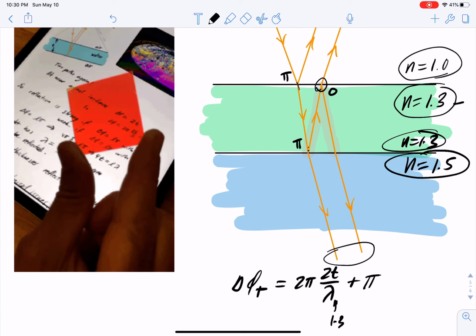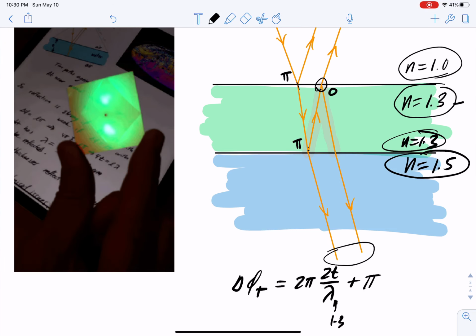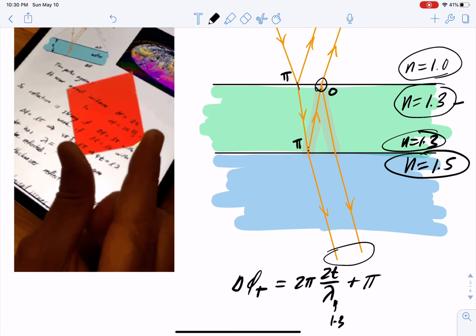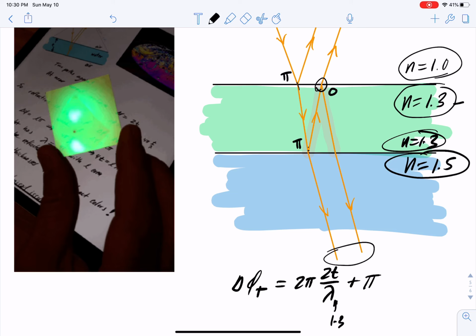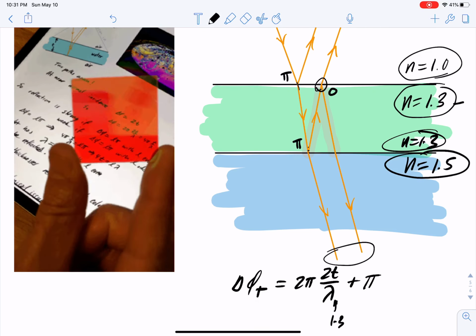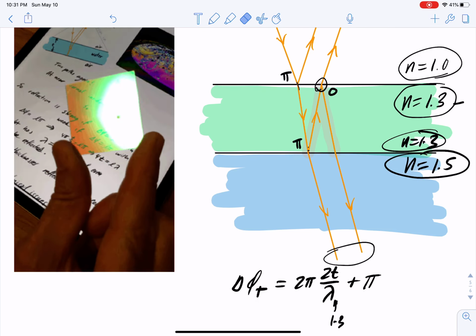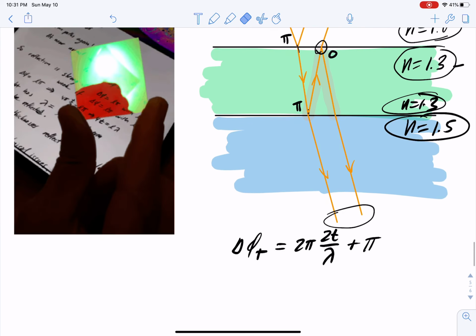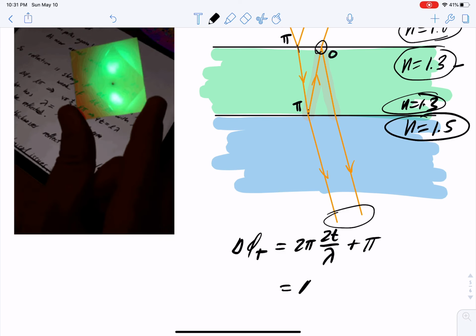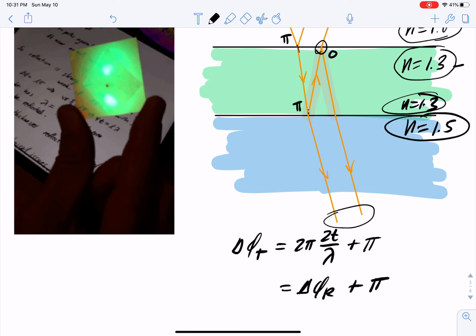So the sum of those two and the other one which had none. Okay, so remember the transmitted one, the one that's going straight through, had no inversions at all. The reflected path has one inversion. So the net difference is like that. Now, the interesting thing is that this is the phase difference that we had for the reflection plus pi.